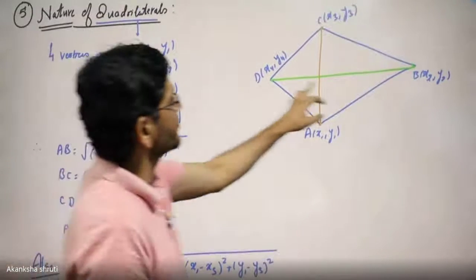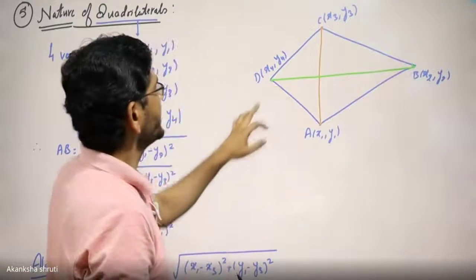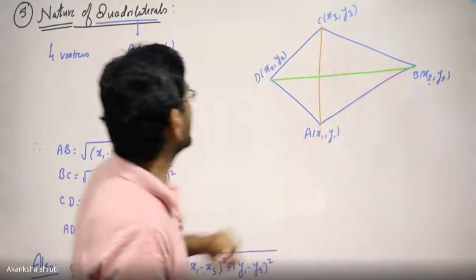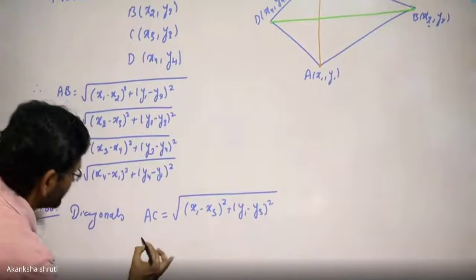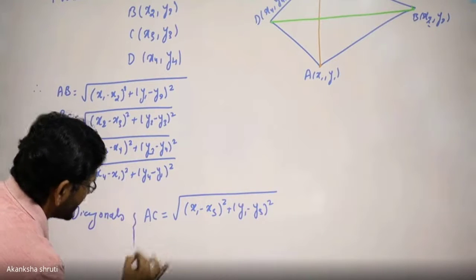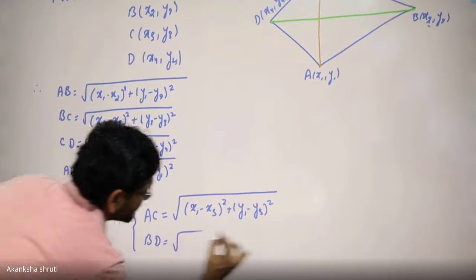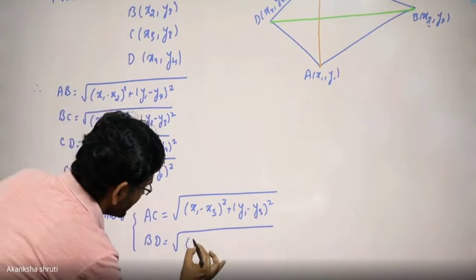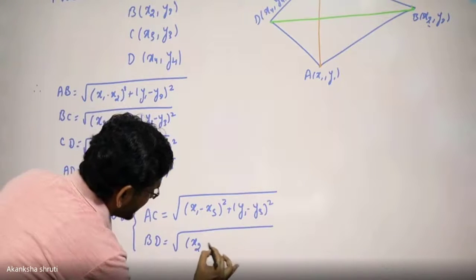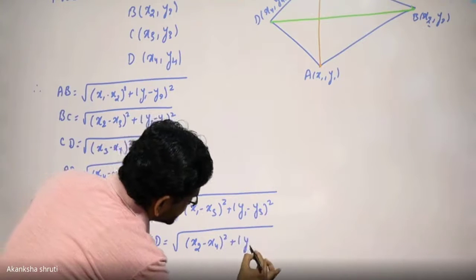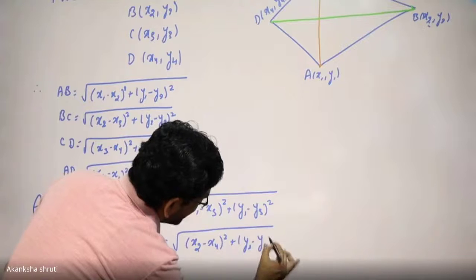The other diagonal is our BD. For this, we have to take x2, y2 and x4, y4. So BD is given by the square root of x2 minus x4 square plus y2 minus y4 square.